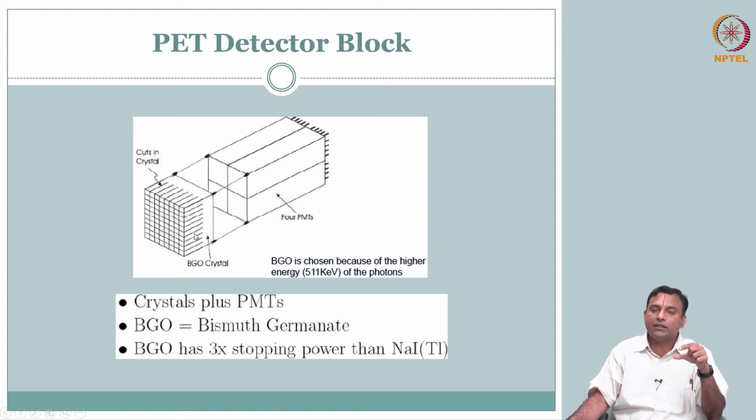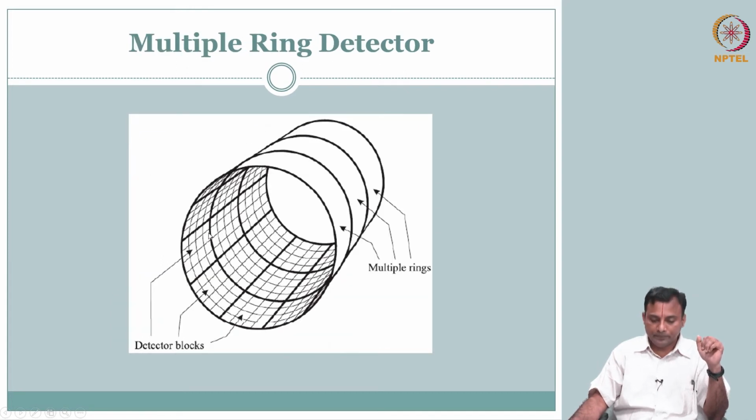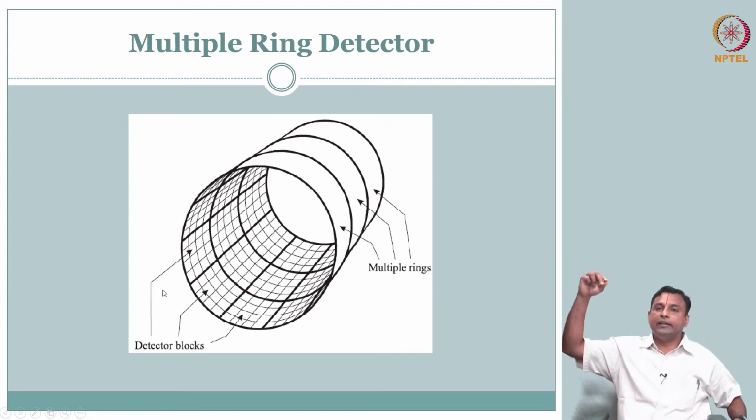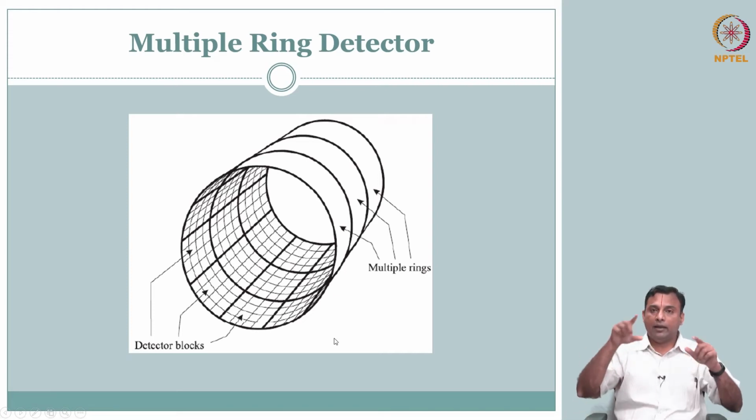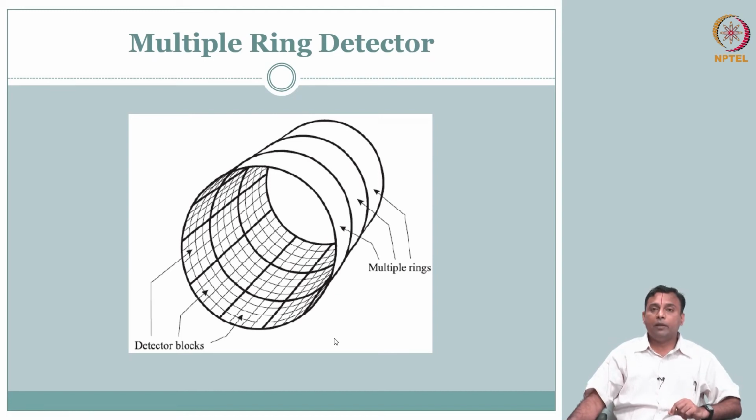You want to have a single crystal, but at the same time you want to have better resolution, and therefore here the material is different and the configuration of your detector is also slightly different. So here we go for a ring detector, because you want to simultaneously detect, you do not want to have some rotation and waste time. But in the ring detector, if each of these crystals is cut and arranged like this, that becomes complicated and you might lose your signal to noise ratio.